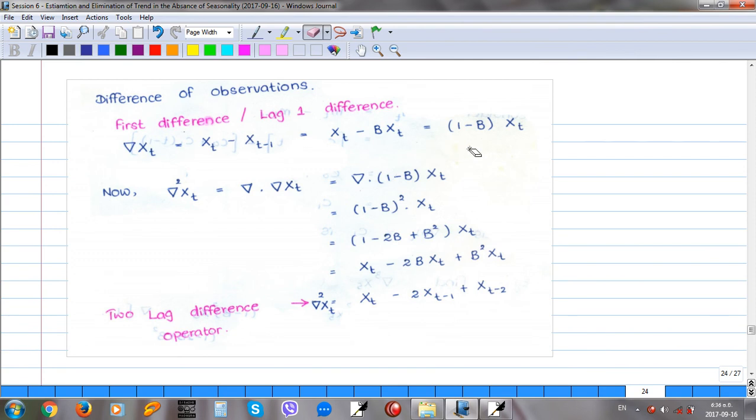Then you can remove the brackets, so you can square this. Then 1 minus 2B plus B squared times xt. Then you can remove the brackets. Xt is coming here, 1 minus 2B xt plus B squared xt. So then you can again remove the B operators. This is xt. Then this one B1 is there, it means t minus 1 here, and xt minus 2, right?